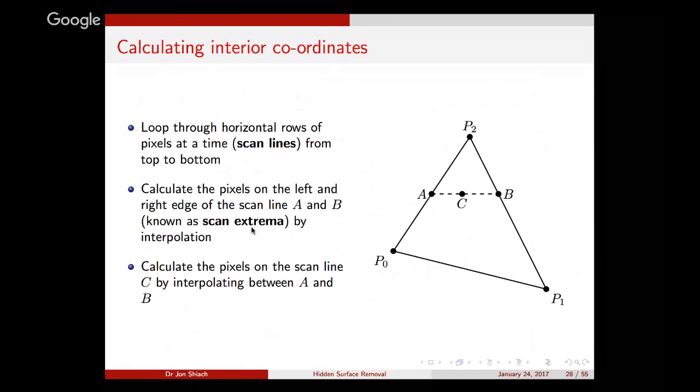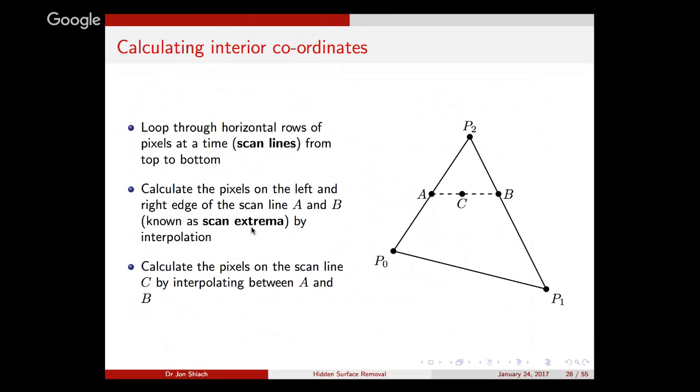What we do is loop through horizontal rows of pixels. These are called scan lines. So we take each row of pixels going from the top to the bottom of the screen. For example, here's a row. For each row, you calculate where the edge of the polygon intersects with your row. That dashed line is our scan line.